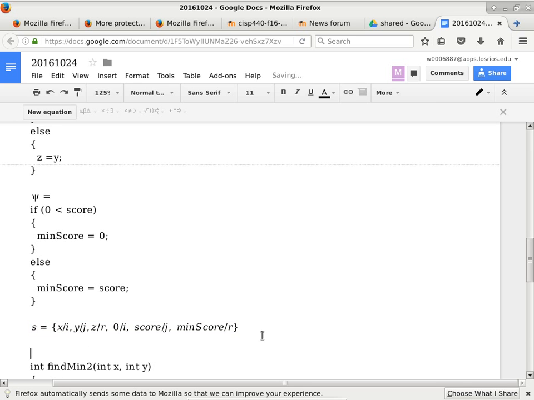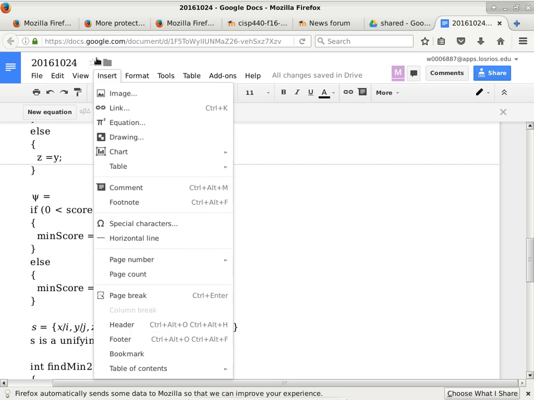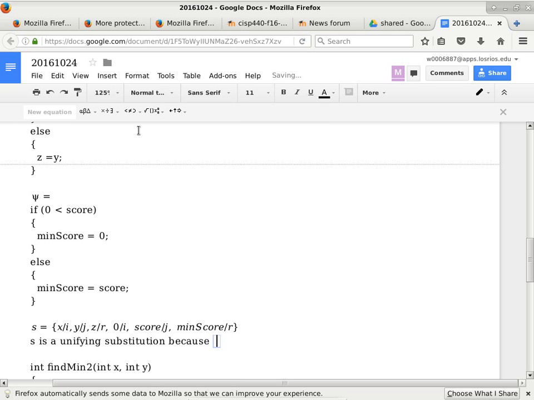So now we have a unification, because now we can say S is a unifying substitution, because when you apply phi S, it really is the same thing as psi S. Is that making any sense?